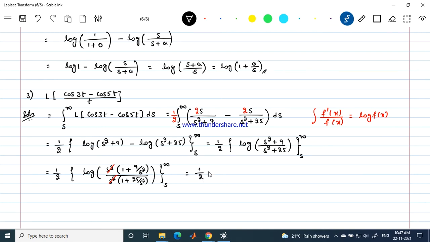So it will be 1 by 2 times, for the upper limit, log of 1 plus 0 by 1 plus 0, it is just log 1, minus, for the lower limit, I need to replace s by itself. So it will be log of the same expression, s square plus 9 by s square plus 25.